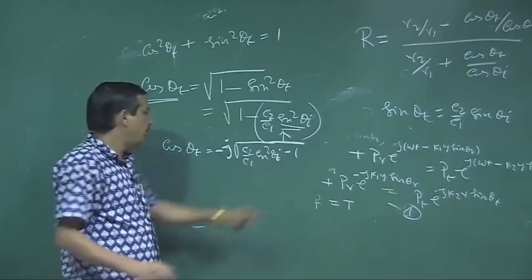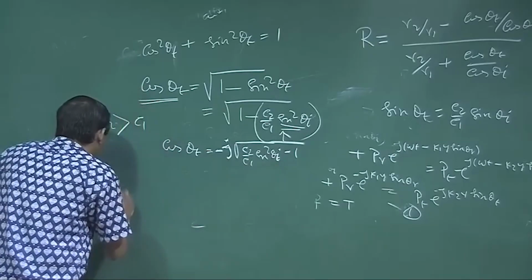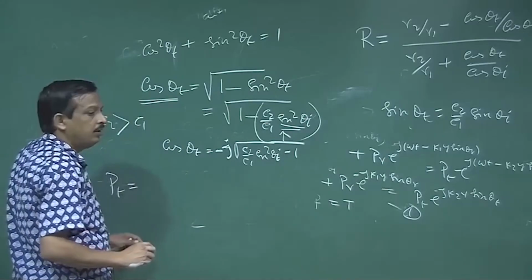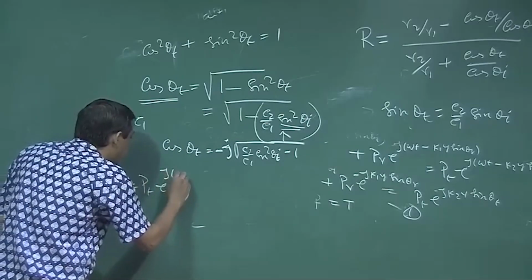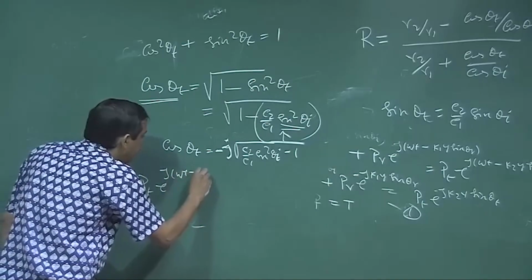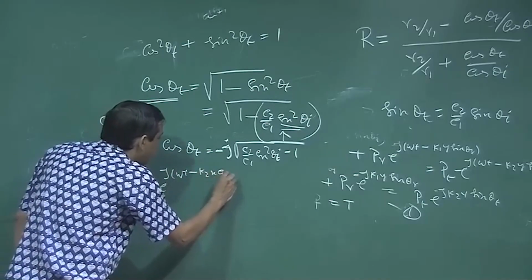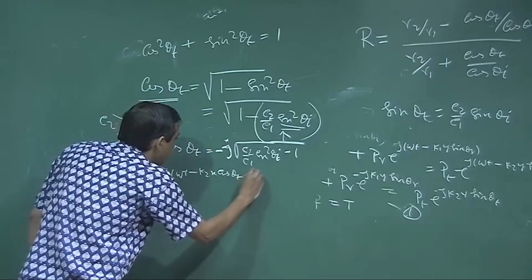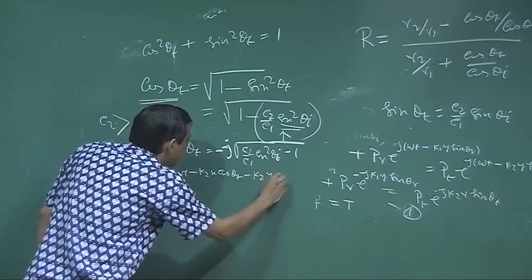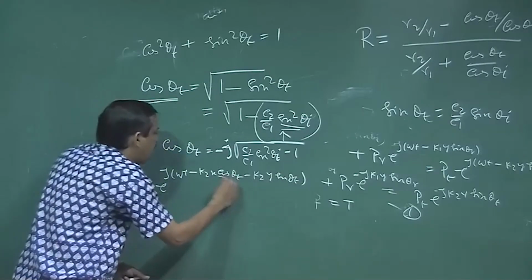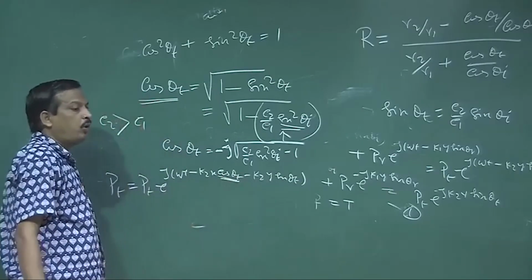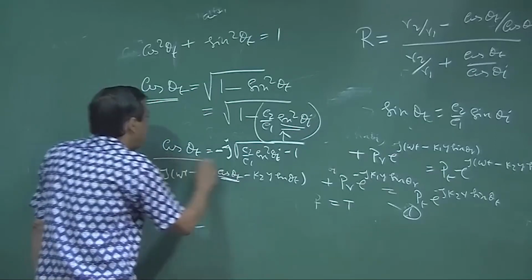Now, what is Pt? Pt is amplitude e to the power j omega t minus k2x cos theta t plus k2y sin theta t. That is why I calculate cos theta t. So, cos theta t is nothing but this one.